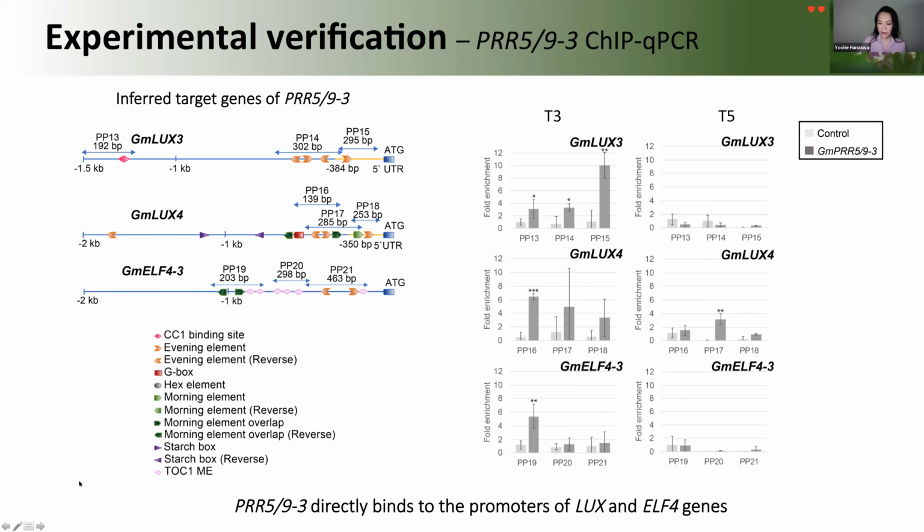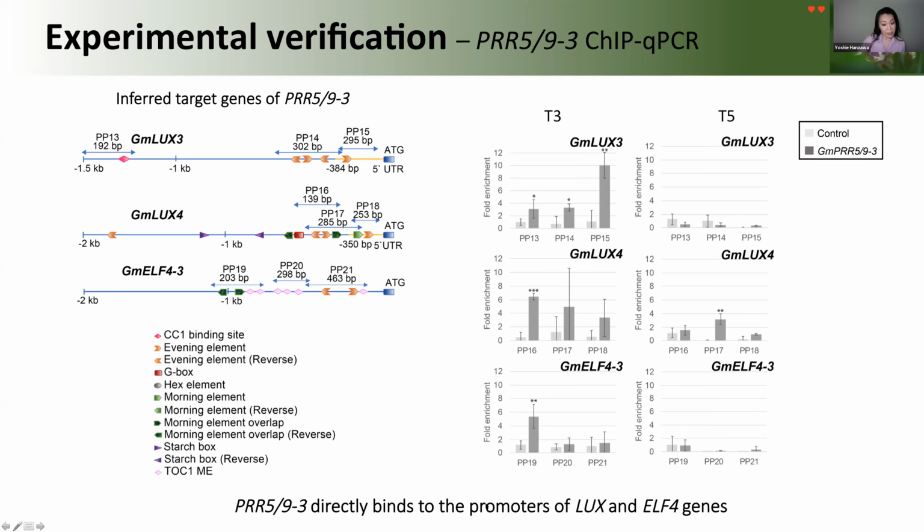Now, how about direct interaction or not? That we tested by ChIP. For PRR593, we designed several primers in different promoter regions and took 2 time points. It seems like at time point 3, the high enrichment is statistically significant, much more so than at time point 5.